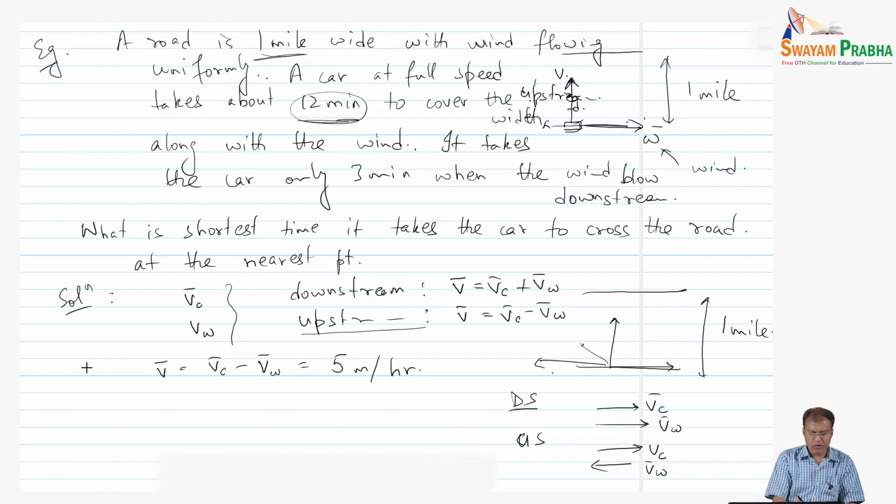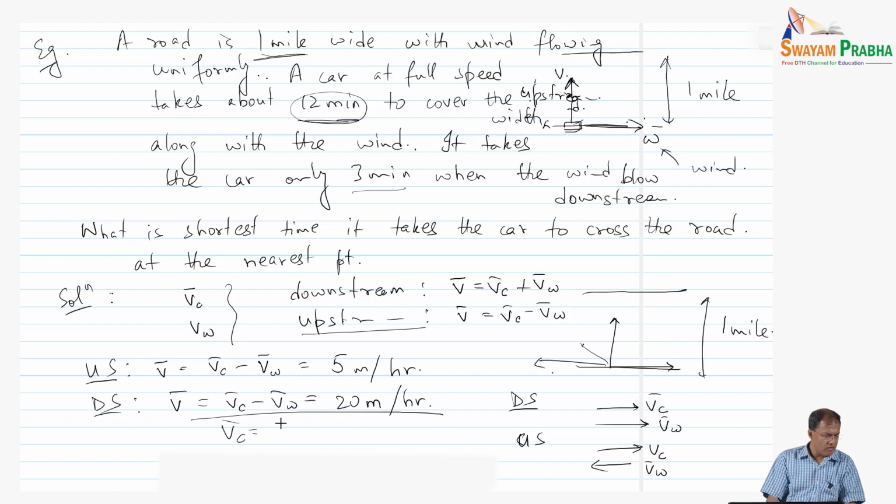In the downstream situation, the net velocity was Vc plus Vw, which was taking only 3 minutes to cover 1 mile, or a speed of 20 miles per hour. From here I can find Vc, which comes out to be 12.5 miles per hour, and Vw, the speed of the wind, comes out to be 7.5 miles per hour.